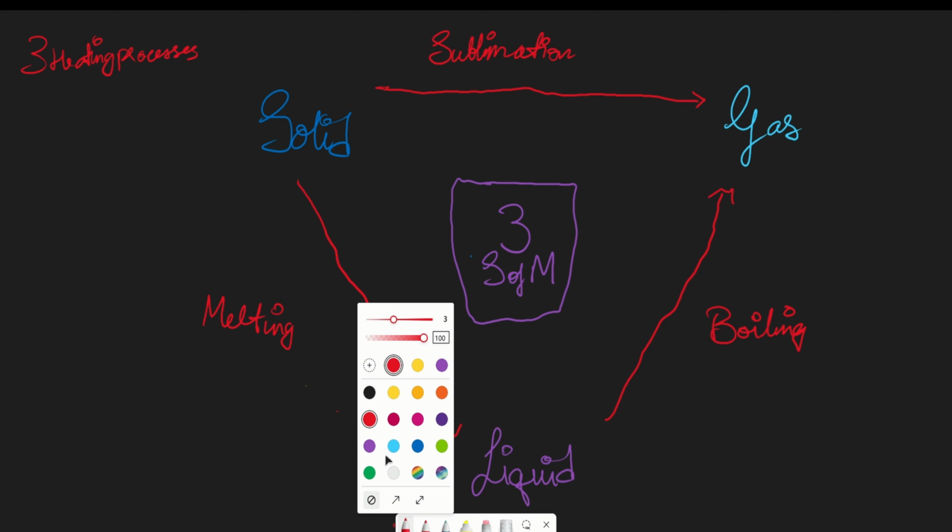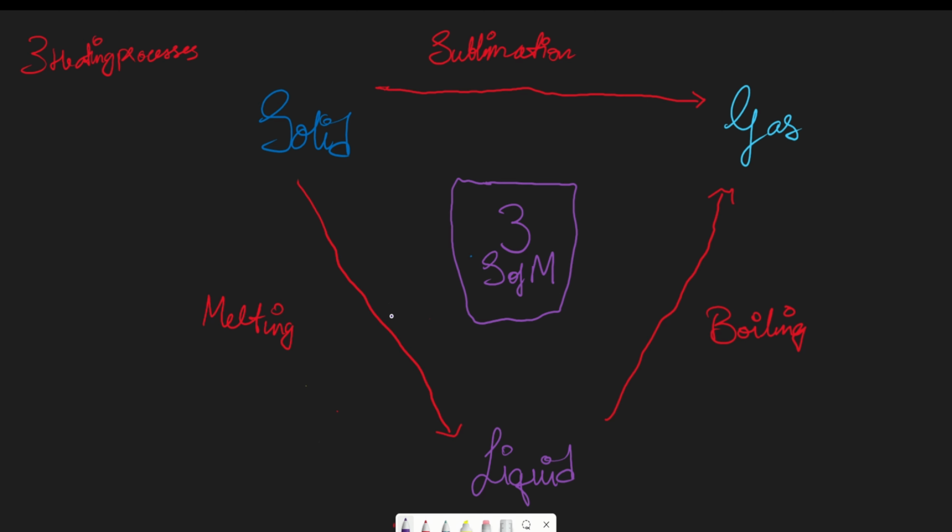Now let's look at the cooling processes. They're going to be in dark purple. So as a substance cools from a liquid to become a solid, it's freezing. It freezes. And as a substance cools from a gas to a liquid, this is condensation.